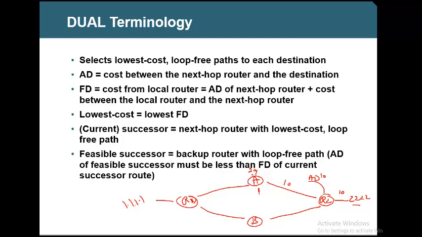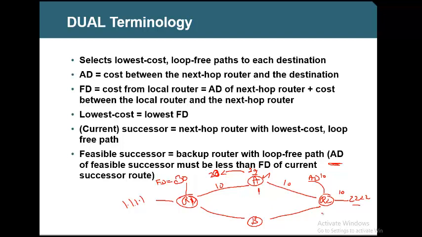Now, A is advertising 20, that is the AD for R1. You understand what AD is? Advertised distance. A is saying, hey, for me it is 20. Then R1 says, okay, between you and me I have 10, so my metric is 30. 30 is the FD via router A. Do you understand that?